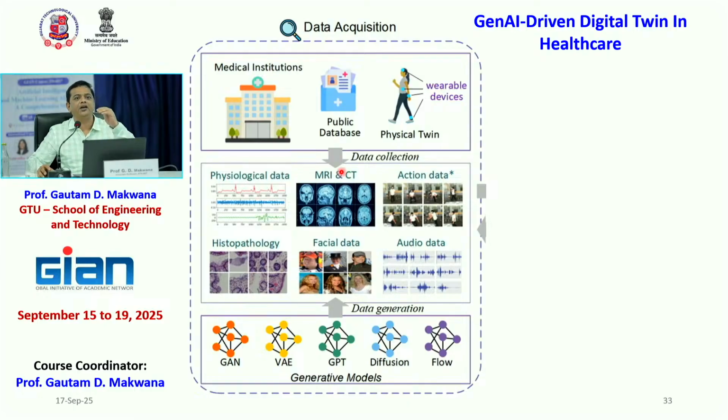If your data is small in number, then with the help of a generative AI model, data will be created for that particular type of data. Suppose I have a small amount of audio data, then with the help of this generative model, you can generate more audio data for a specific disease. Many diseases are classified or identified by the voice. So this kind of thing is done here.